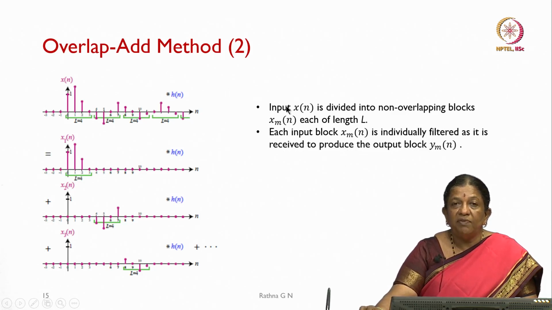What we have is the input x of n divided into non overlapping blocks xm of n, each of length L, and then each input block xm of n is individually filtered as it is received to produce the output block ym of n.